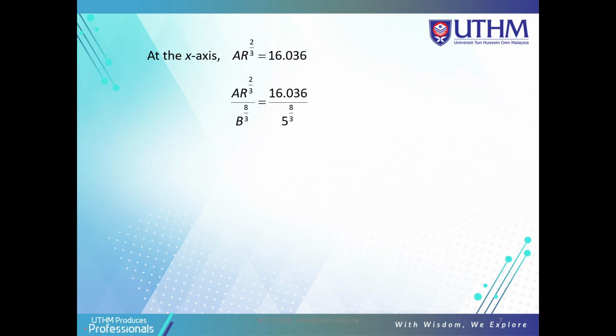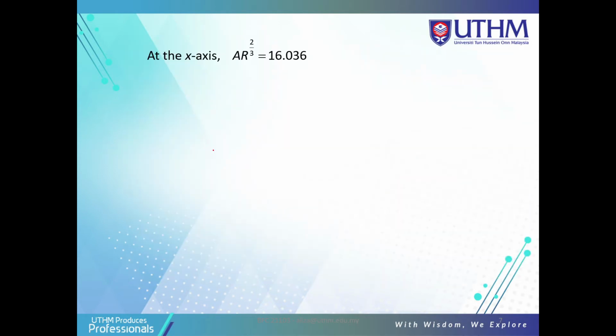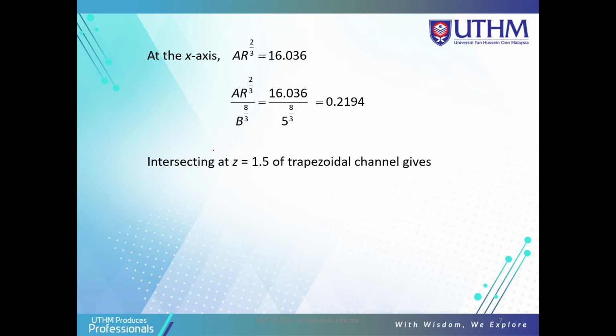The intersection at Z of 1.5 gives you the channel's y over b of 0.37 on the y-axis. So just multiply by b, which is 5, and you get y naught of 1.85. So this is the real value for y naught using the design chart.